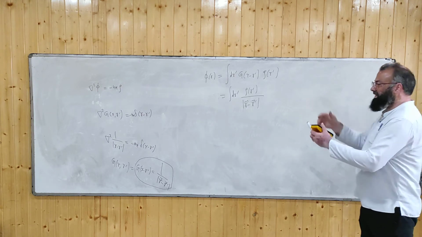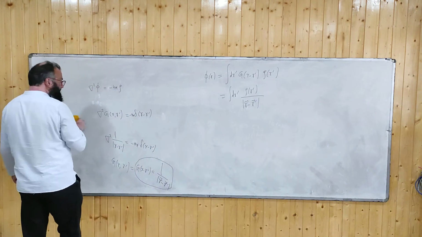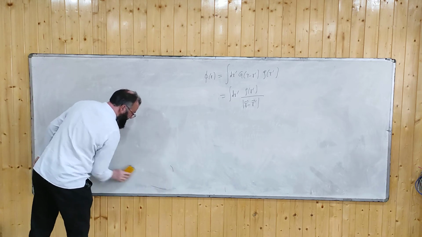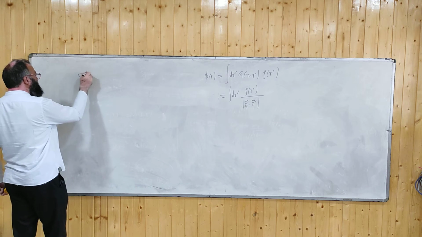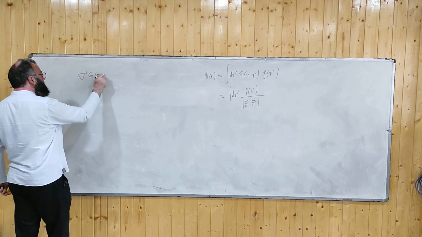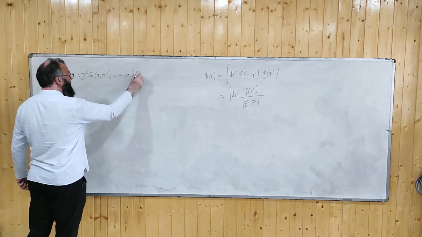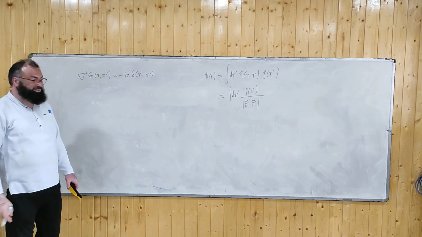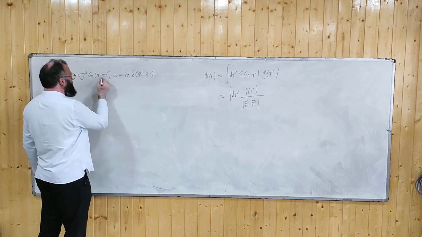Okay, so now let's calculate this Green's function in a different way, using the Fourier transform. I have this very equation with delta of r minus r prime. Let's take it in 3 dimensions.